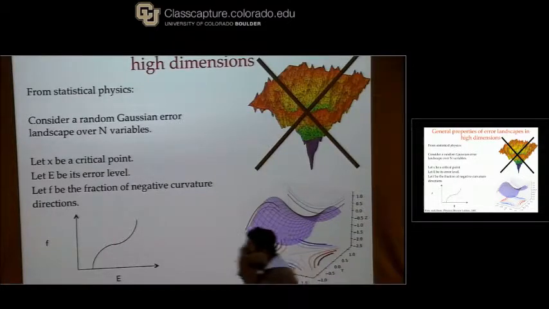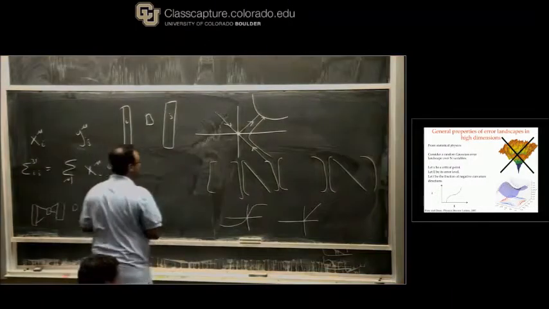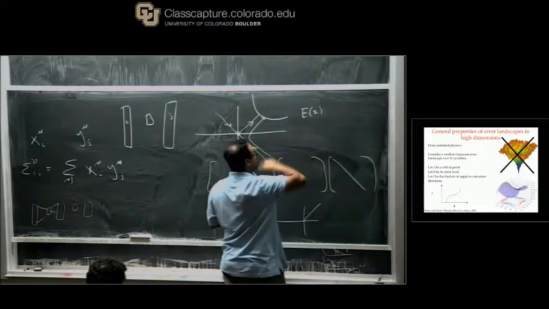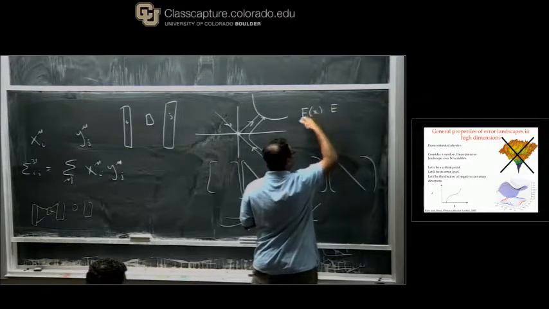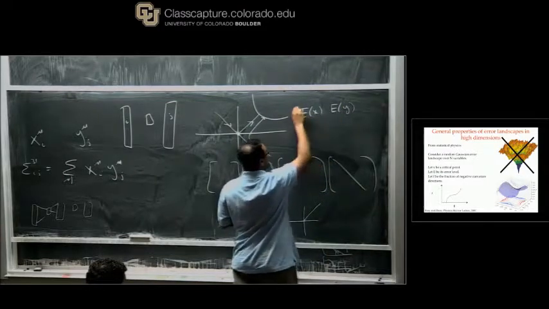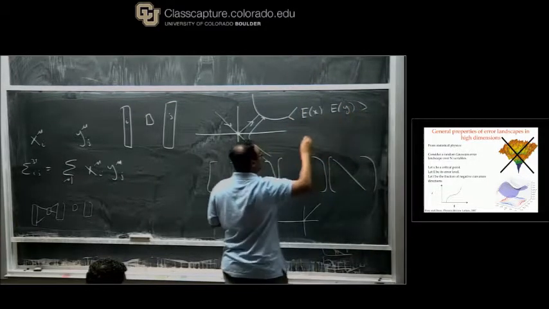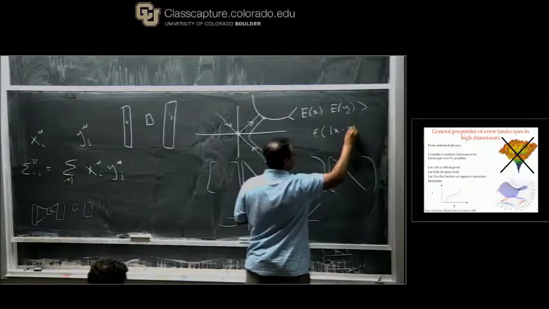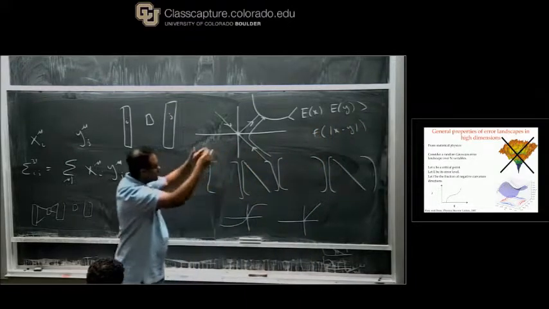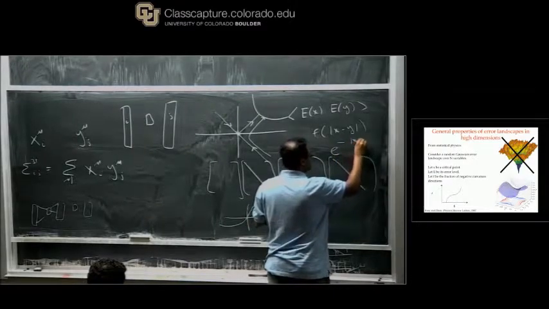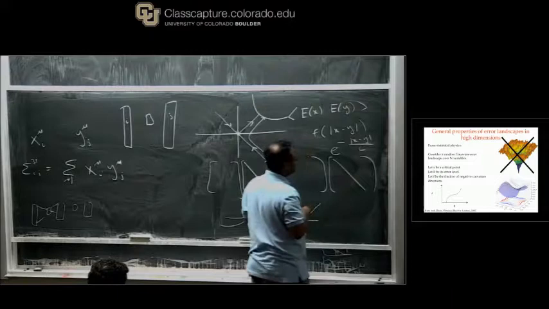So a generic landscape is you have a domain, and the error at point x, E of x, is a Gaussian random function such that if I evaluate E of x and E of y and take the correlation, let's say there's zero mean, then this falls off as some function of x minus y, right? For the p-spin model, I think it's the distance to the pth power. I think Bray and Dean looked at e to the minus x minus y over some length scale, if I remember correctly.